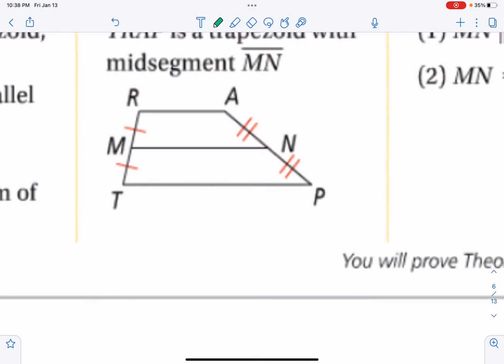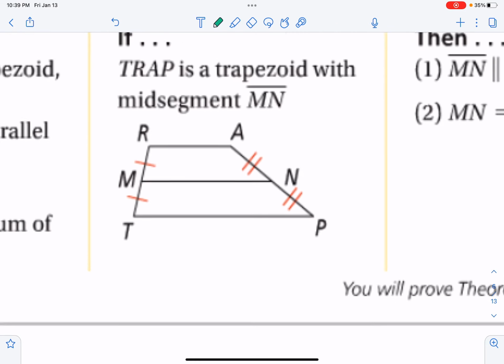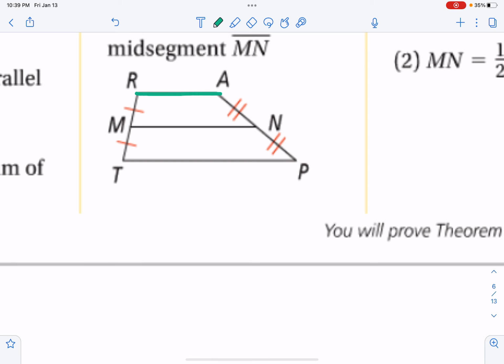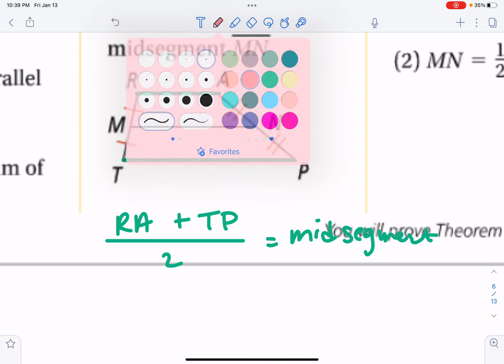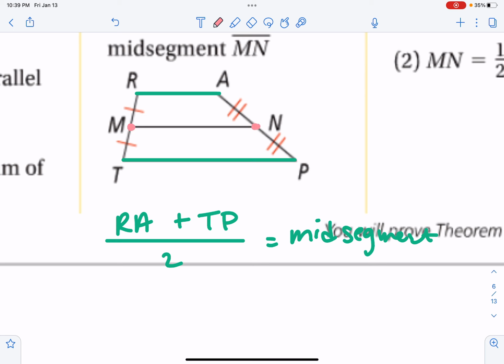Now, all trapezoids in general, whether they're isosceles or not, have this in common. It says if you take this number and you add it to this number, so we'll call that RA, and you add it to whatever TP is, if you average the 2 of those, it's going to give you what they call the mid-segment, which again is just you take the midpoint, like we had done with, I think, triangles, and if that's equal to that, and this is equal to this, you connect them, and that's the formula.